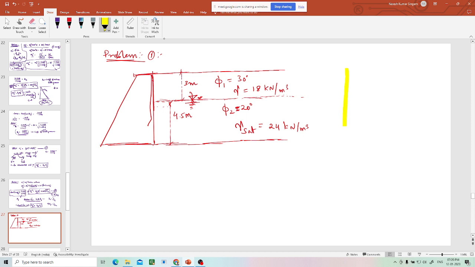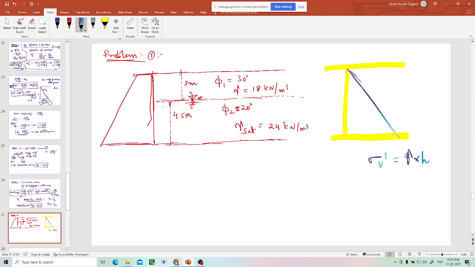If I draw the sigma v prime diagram, it is gamma multiplied by h, a constant into h. It's linear, so it varies like this.